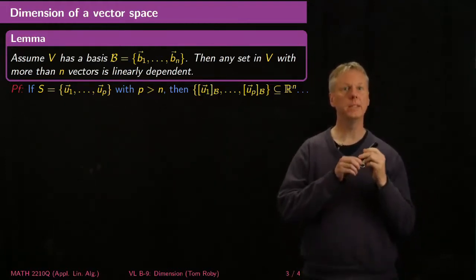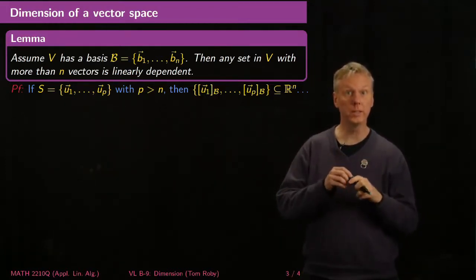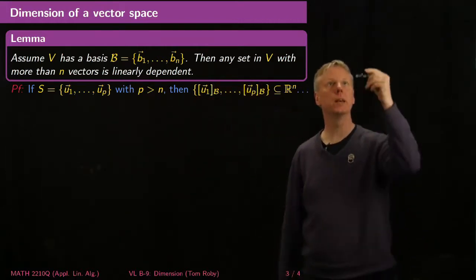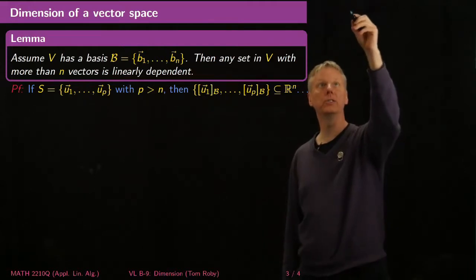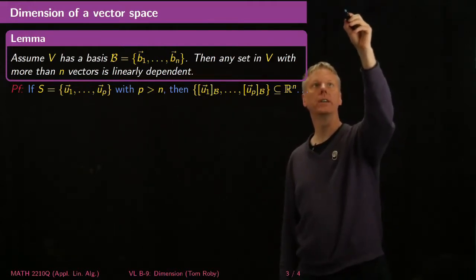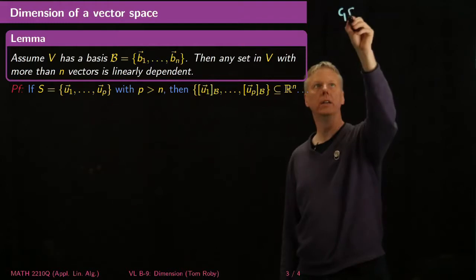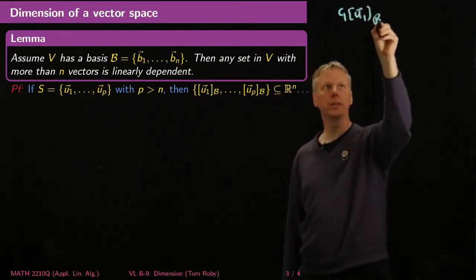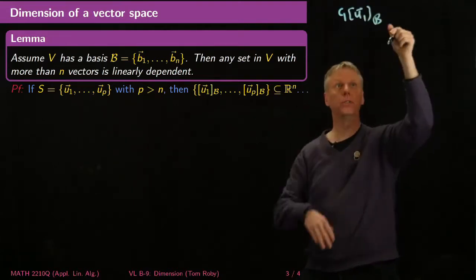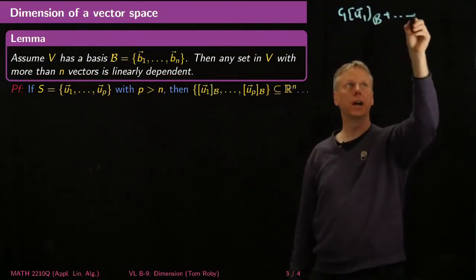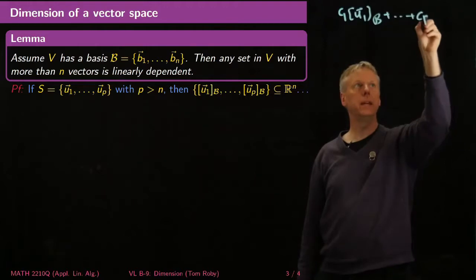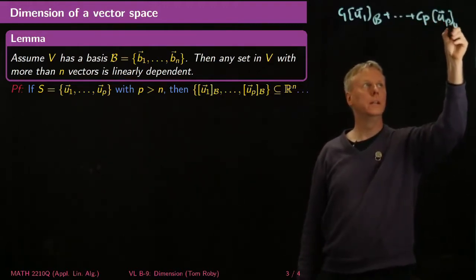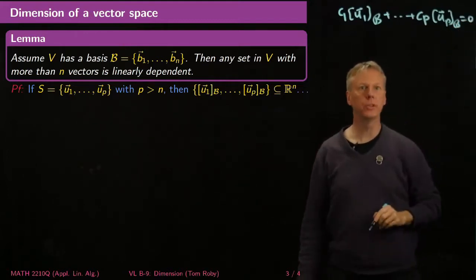So what that means then is, because you can't have more vectors than you have coordinates, that we have some linear dependence relation. So we know that C1 times the coordinate vector of U1 with respect to the basis, so remember, that's just a vertical vector in R to the n, plus dot dot dot plus CP times the coordinate vector of UP with respect to that basis equals 0, if they're linearly dependent.